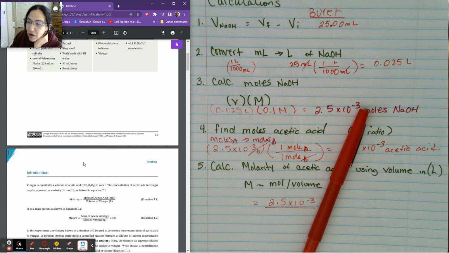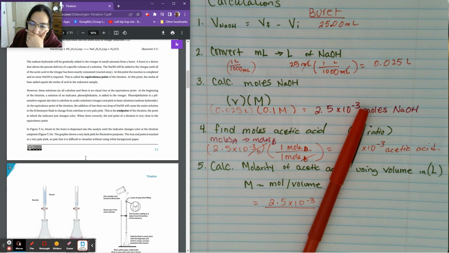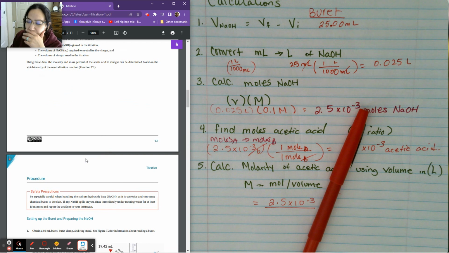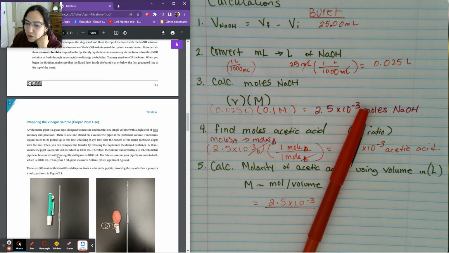So let's find out how much acetic acid we used in this problem. Ooh, excuse me, I apologize. Oh, 5 milliliters. Oh no, this is of the base. We don't want that. We didn't use that. So let's keep going. There it is, 5 milliliters.